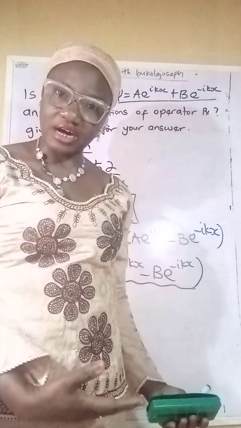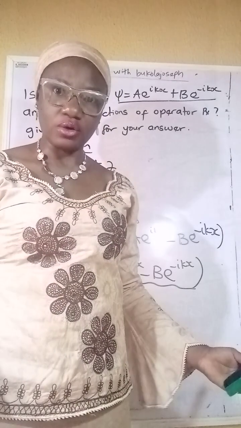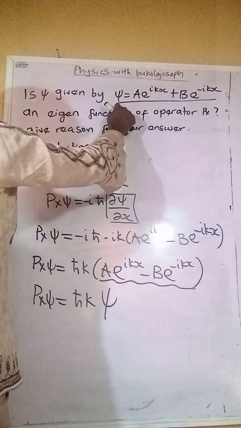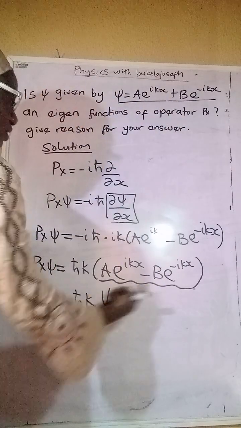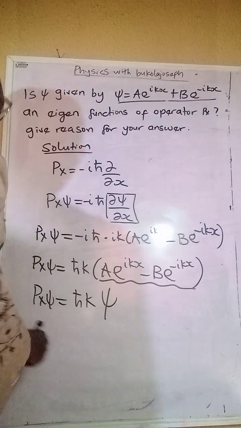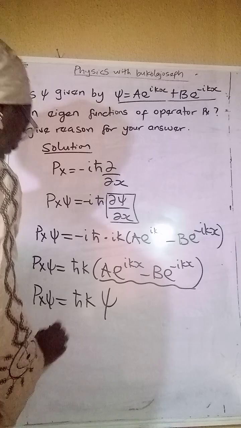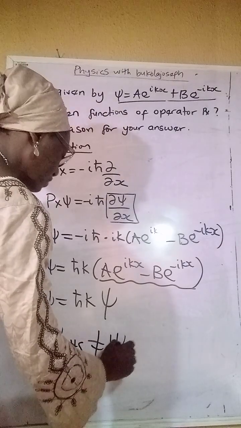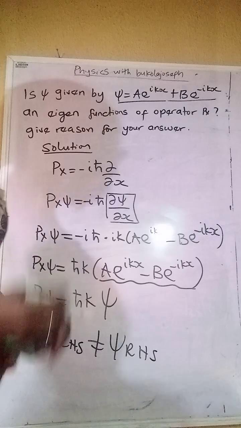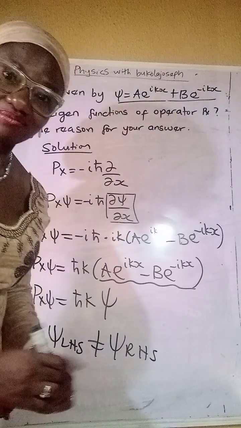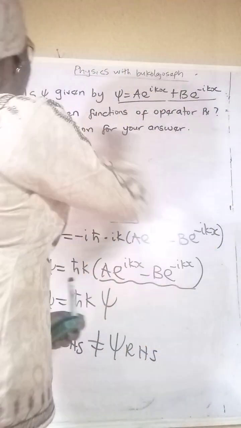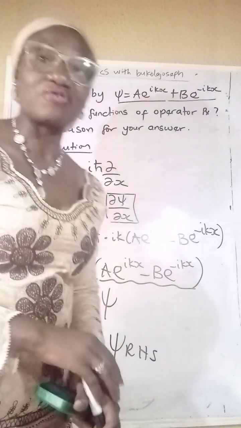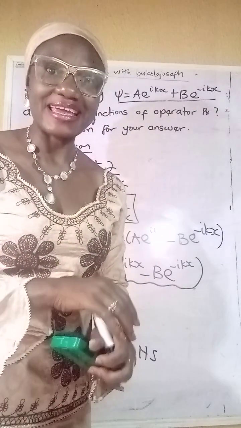Looking at what we have, it is not equal, because the sign differs. And so because of this, psi is not an eigenfunction of the operator px.